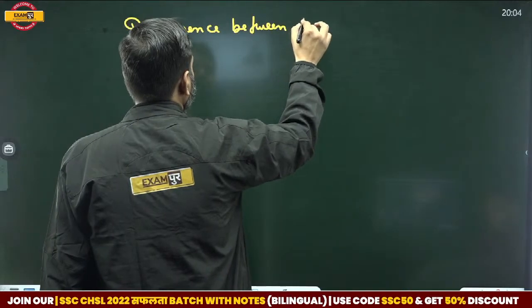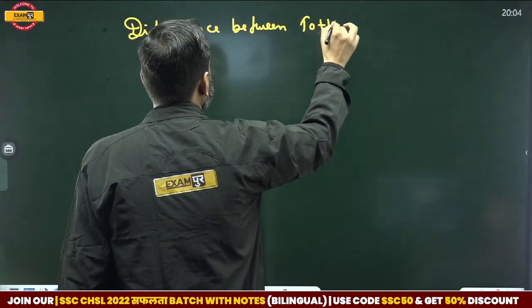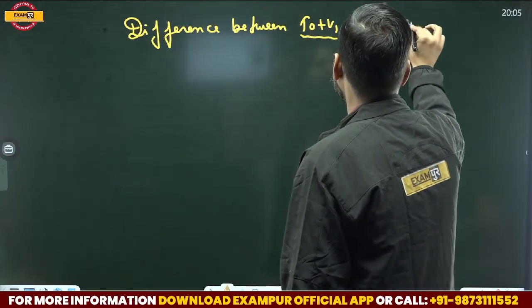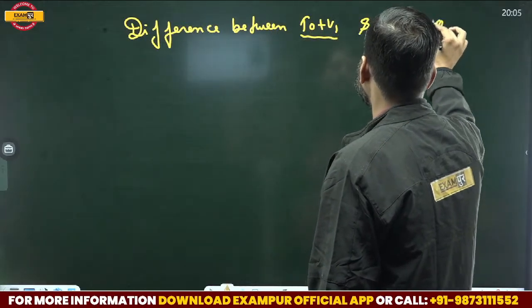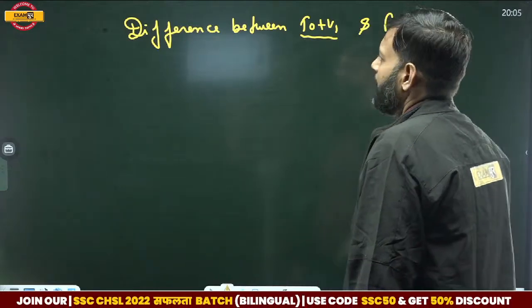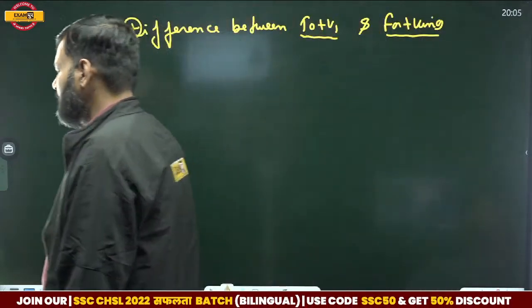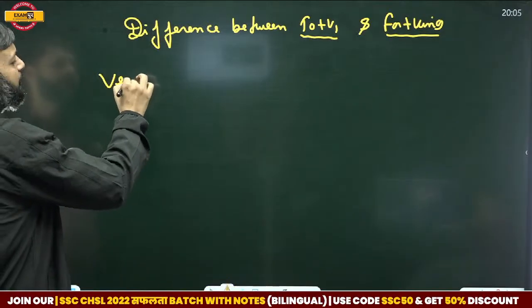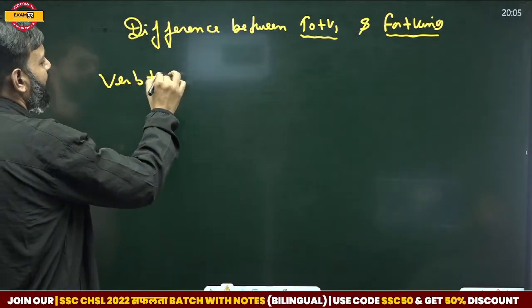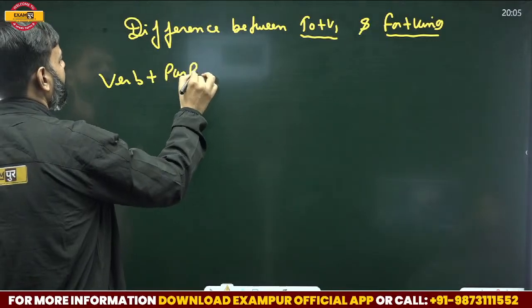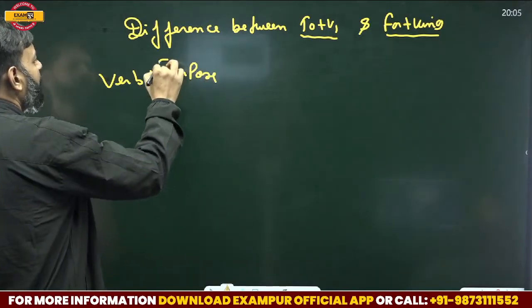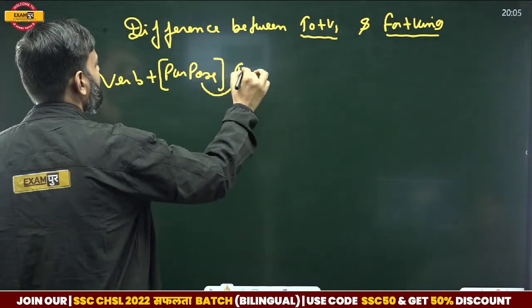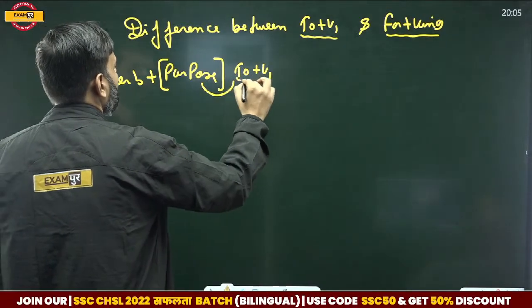Difference between to plus V1 and for plus ing. See, if a verb is followed by a purpose, it should be to plus V1.